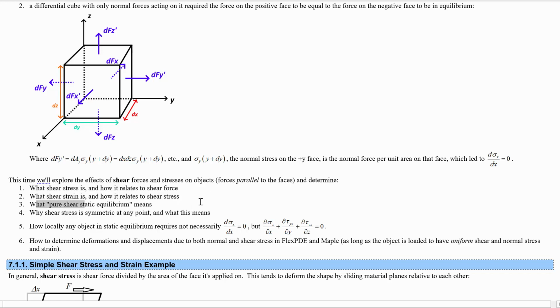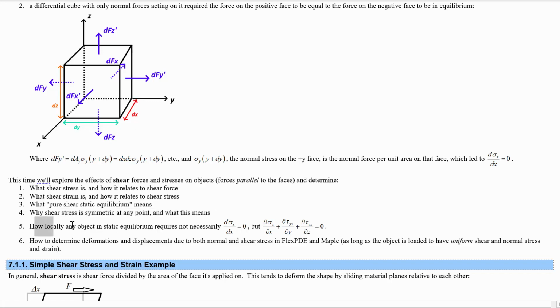So we'll define what pure shear static equilibrium means. This is if you have only shear stresses and you set up the situation so that that's the case. Then why shear stress turns out to be symmetric, that is the stress on the y face in the x direction ends up always being equal to the stress on the x face in the y direction, at least at any point.